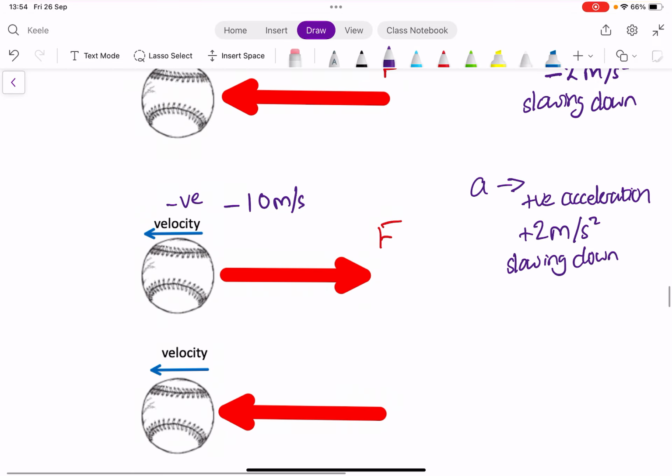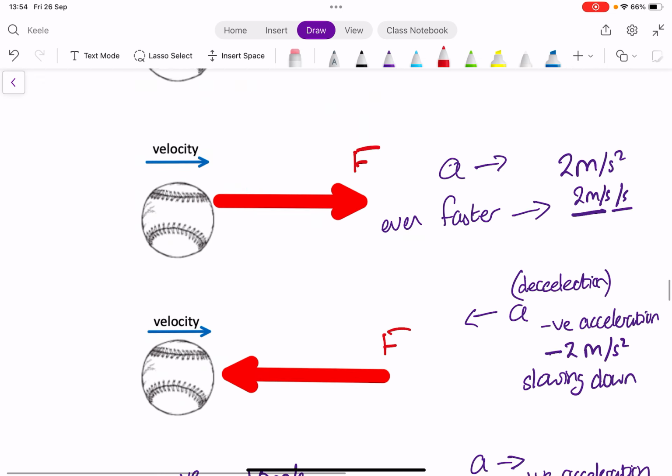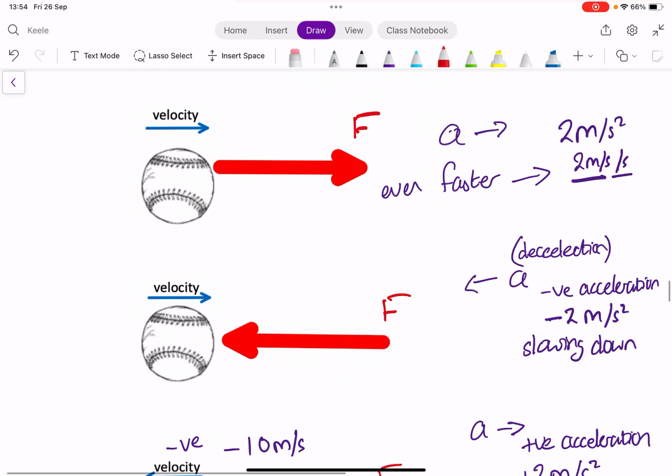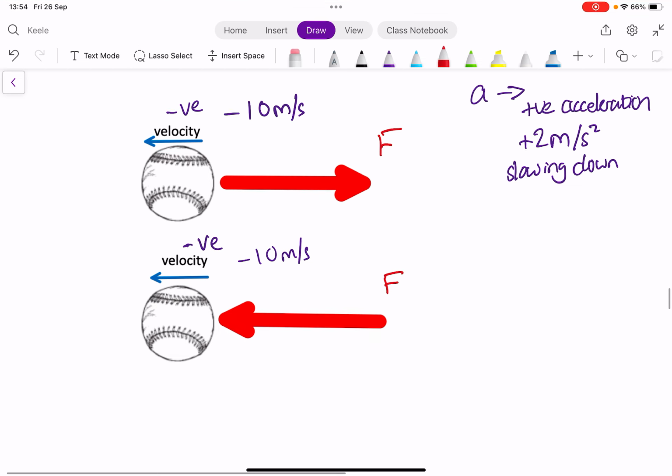All right, so in this final example, we've got a negative velocity again. So let's imagine again that this is minus 10 meters per second. We've got the force to the left, so in the same direction as the velocity. So this is exactly the same as the very first situation, but just going the other way. Now, the acceleration is in that direction.